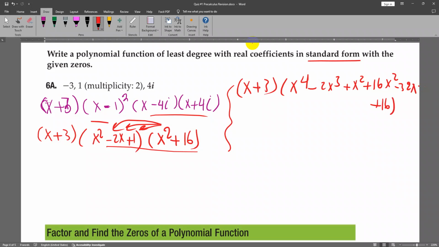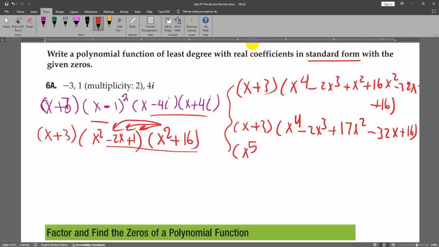We will simplify and then we will start multiplying by x plus 3, but let's simplify first. This one will be 17x power 2. So it will be x power 5 minus 2x power 4 plus 17x power 3 minus 32x power 2 plus 16x.